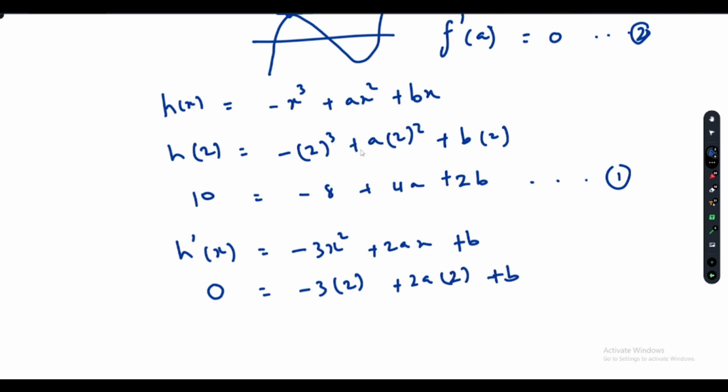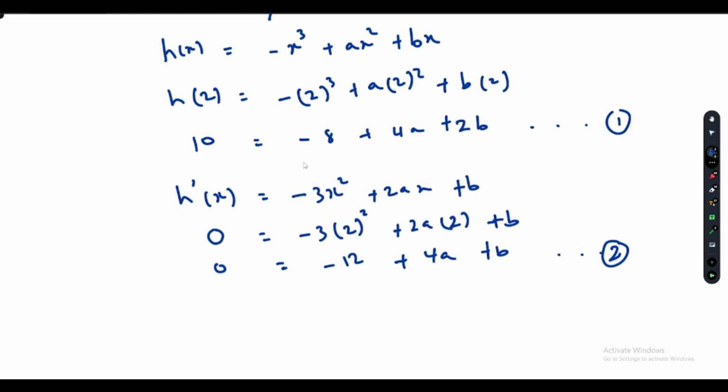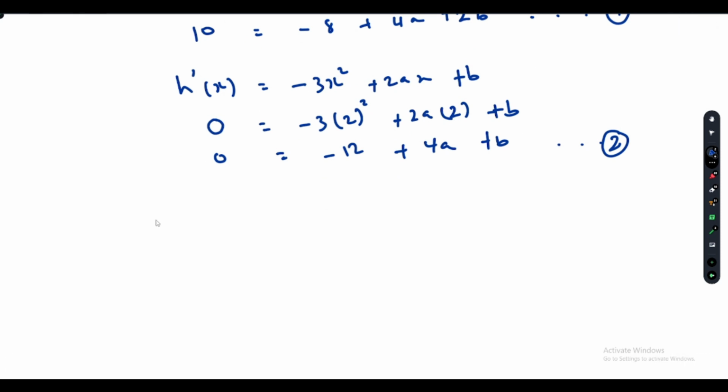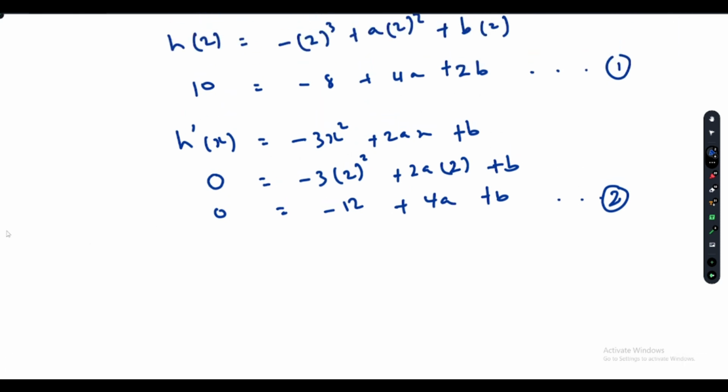So substituting 2 into the equation for x, we would end up with 0 is equal to negative 12 plus 4a plus b, and this would be our equation 2. The easiest way to solve simultaneously here would be to say equation 1 minus equation 2, using the elimination method.